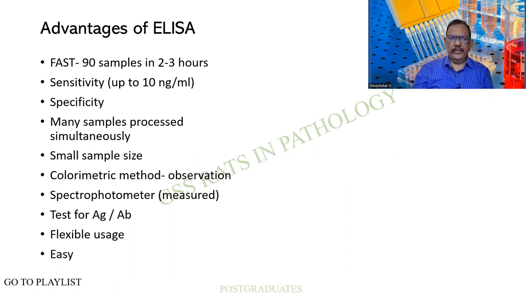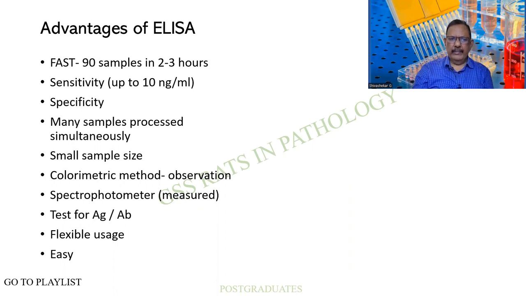What are the advantages of ELISA? It is a fast test. Multiple samples can be run in a few hours. Sensitivity is very high. Even a small quantum can be measured. Specificity is again high. There are specific antibodies. Many samples can be processed simultaneously, as I had shown you.